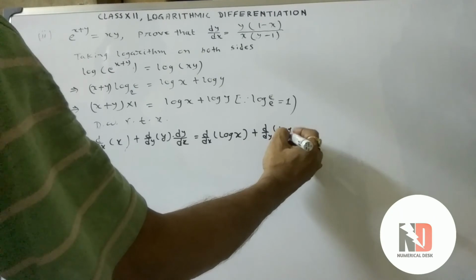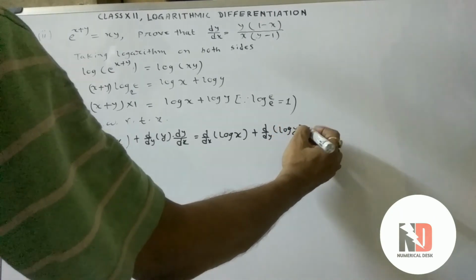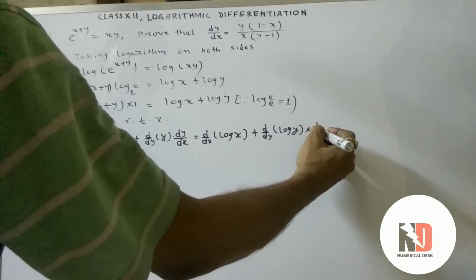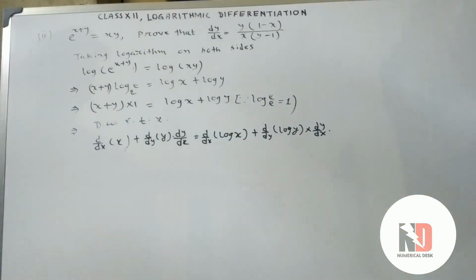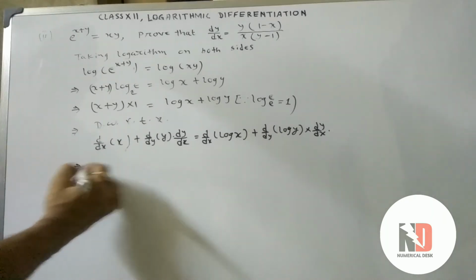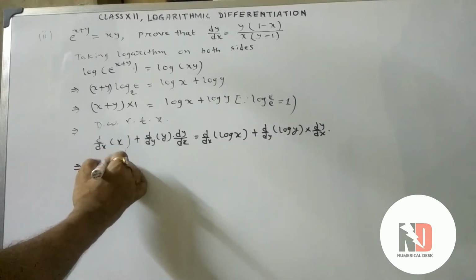Always follow these steps: when there is y, take d/dy of this and then dy by dx. So the sum will follow, and this is the way to do the sum. This is a type of chain rule, the intermediary chain rule. Chain rule is generally used in this type of sum, in the implicit form.